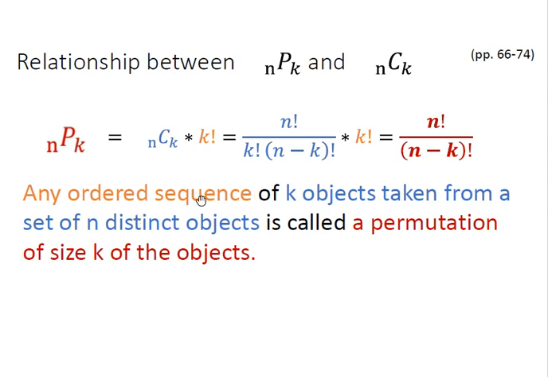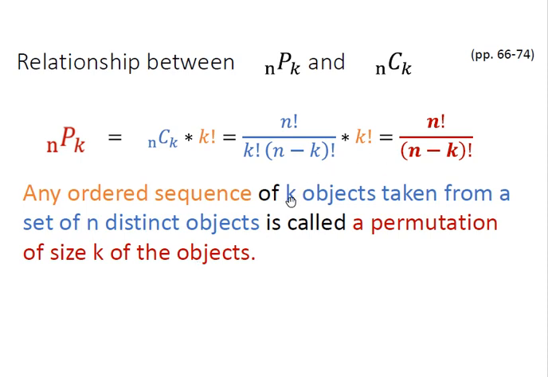Look at here, it's the definition of a permutation of k objects out of n. Any ordered sequence of k objects taken from a set of n distinct objects is called a permutation of size k of the objects.